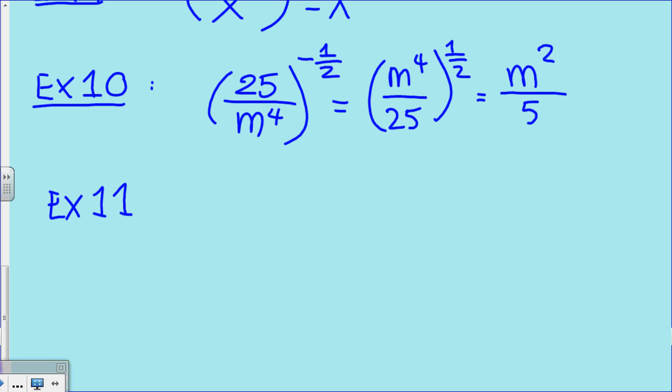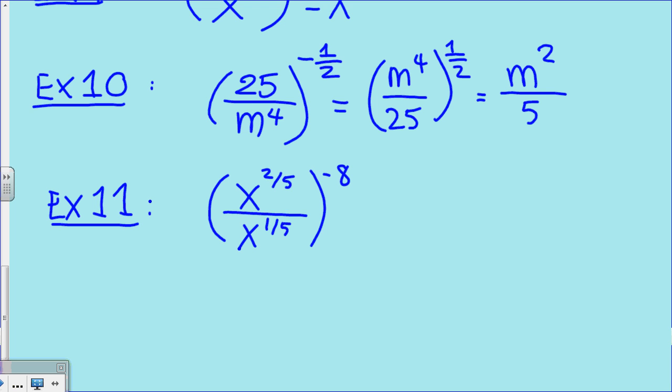More challenge. X to the 2/5 over x to the 1/5, all raised to the negative 8.